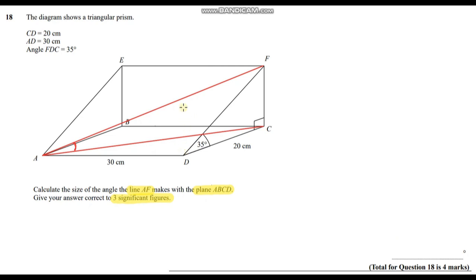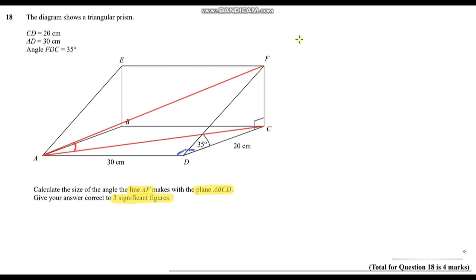But if we're looking directly from on top, we do have a right angle triangle because this is a rectangle. So let me just draw that in. It might be a bit clearer if I draw that in. Like that. There we go. So we've got a right angle here. So we can calculate AC using Pythagoras.